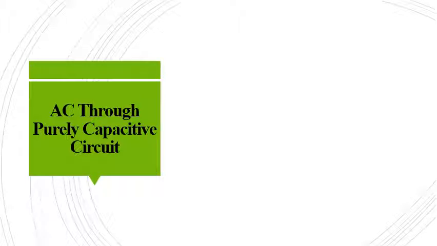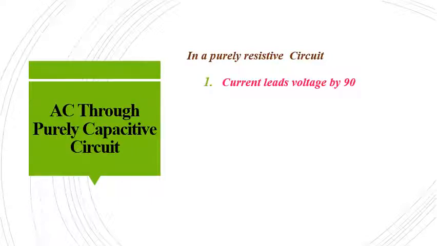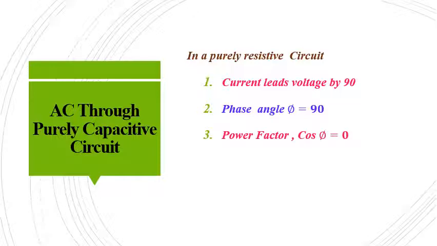So summarizing, in a purely capacitive circuit, the current leads the voltage by 90 degrees. That is, if voltage is V equal to Vm sin omega t, then current will be I equal to Im sin(omega t plus 90 degrees). So the phase angle, that is the angle between the voltage and current, is 90 degrees. Then the power factor, the cosine of this angle, is 0, since cos 90 is 0.